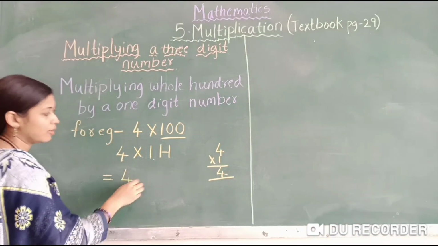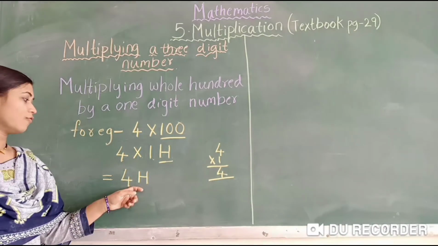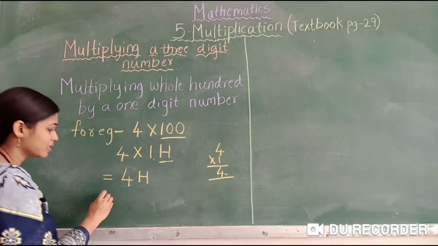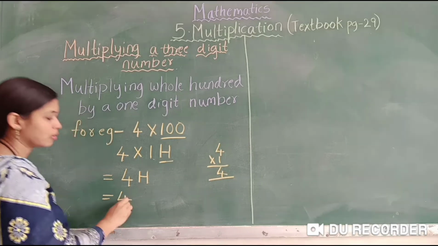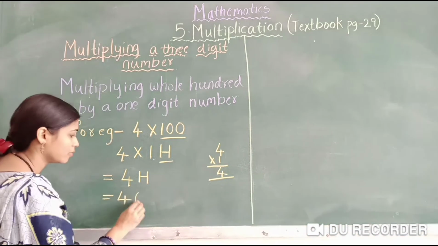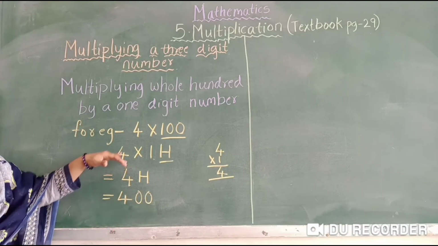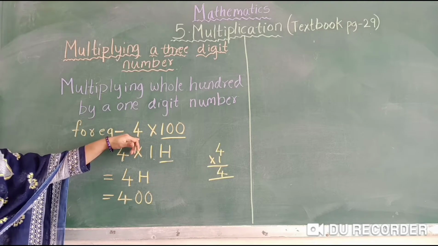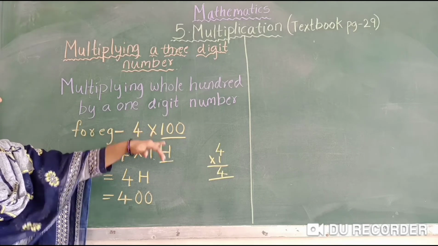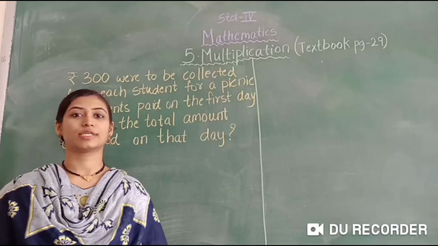Therefore, 4 and this h we will write as it is. 4h. What does this mean? 400. We will place two zeros of 100 in front of the product. In this, we have to only multiply the number with a whole hundreds number and place two zeros in front of the product. Let's take another example.